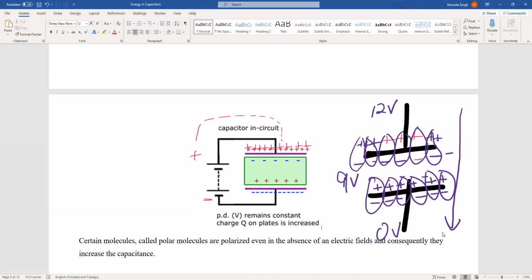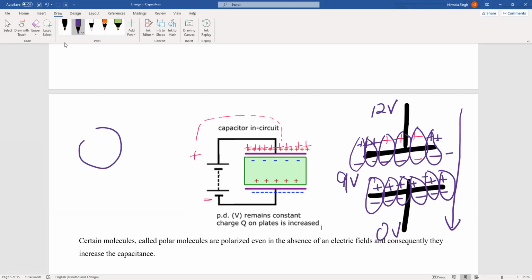Certain molecules called polar molecules are polarized even in the absence of electric fields. So a normal atom will be your nice cylindrical atom with your negative charges on the outside. A polarized atom, an atom or molecule, sort of pulls your negative side to one section, and because you're pulling the negative side to one section, the positive sort of remains on the other side.